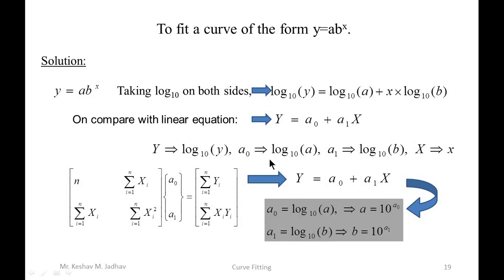So here from this relation, a0 is equal to log to the base 10 of a, we can write a is equal to 10 raised to a0. Similarly, from this relation, we can write b is equal to 10 raised to a1. So in this way, we can fit any type of power equation by using this procedure.